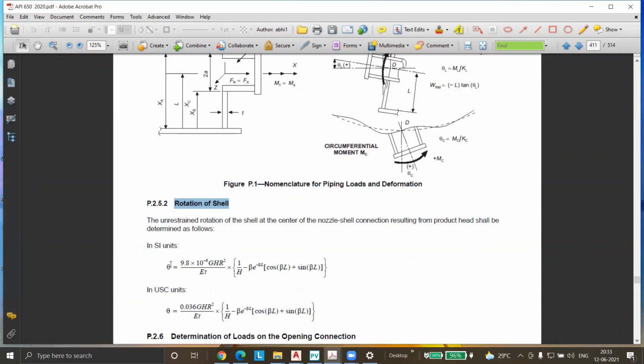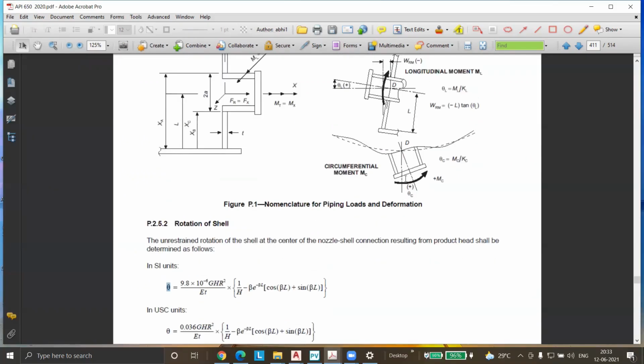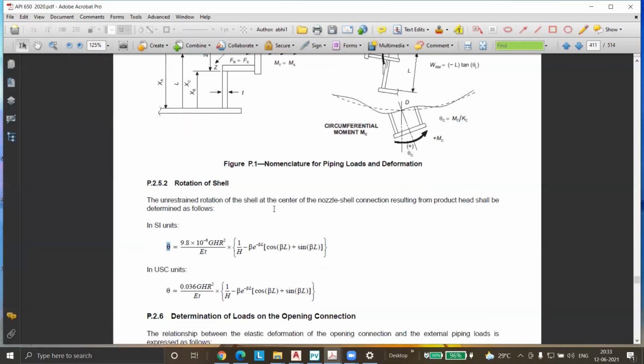So this is talking about the deflection of the nozzle from the center line, not the shell rotation. Angular deflection in angular terms will be called rotation. The rotation of the shell at the center of the nozzle to shell connection resulting from the product head shall be determined.